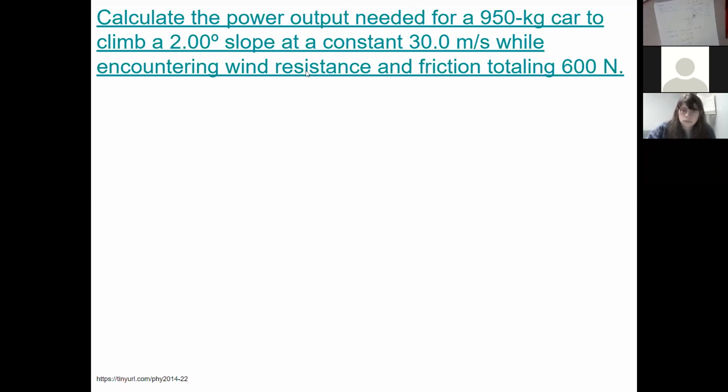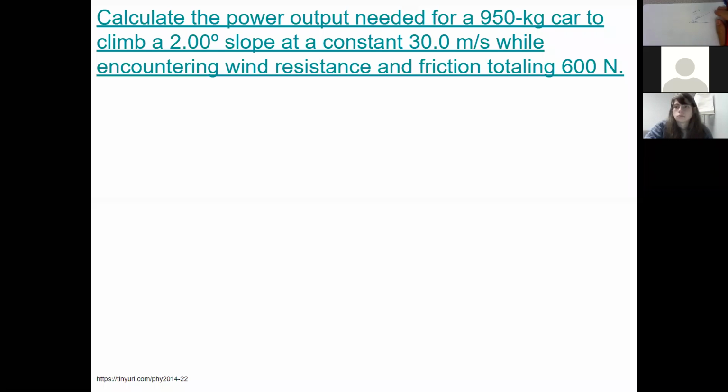Okay, let me get you guys started with a sketch. Assuming this is the slope, of course, this angle is more than 2 degrees, but this might give you a better visual. So the car is climbing up, and it has a speed of 30.0 meters per second.